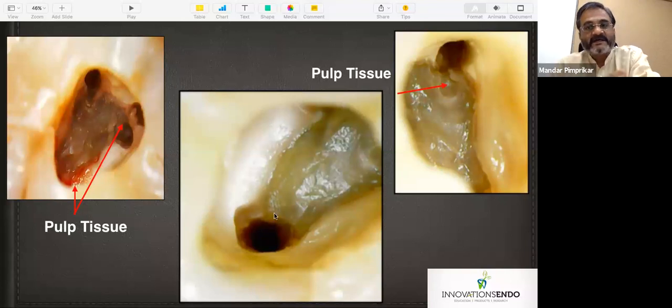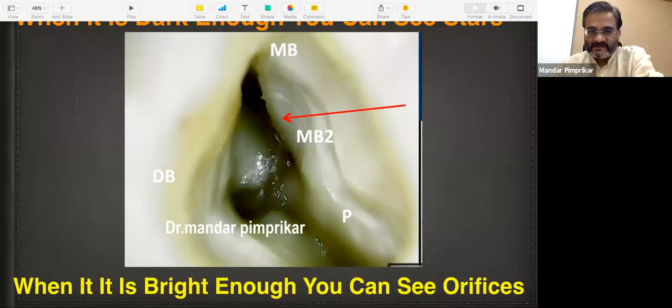So it helps us in finding the orifices. Also, remember the floor of the pulp chamber is always gray in color. So anything brown on that gray background has to be secondary or tertiary dentine, or what we commonly call calcification. So you have to get rid of this.